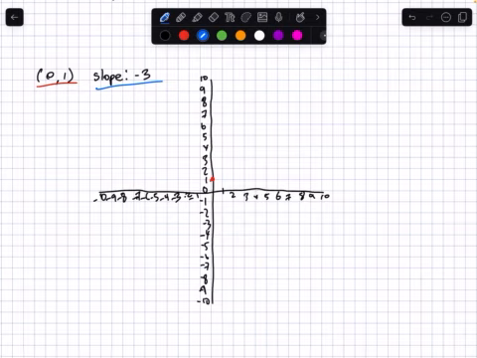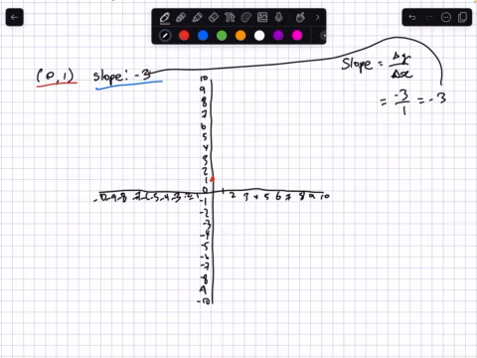What that means is that, remember, we said that slope was equal to the change in y divided by change in x. And if we have a slope of -3, what that means is every time we change x by 1, we change y by -3.